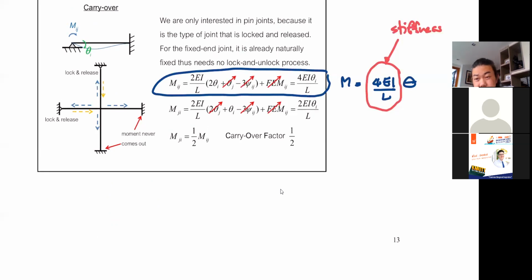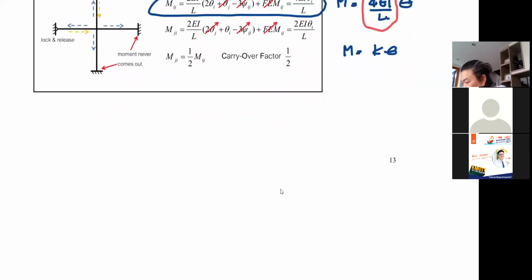That relates moment to rotation, because I can also write this equation as M equal to K delta, just like F equal to Kx. So that K is the typical stiffness that you will be used to in the future. Okay, so it's 4EI over L.